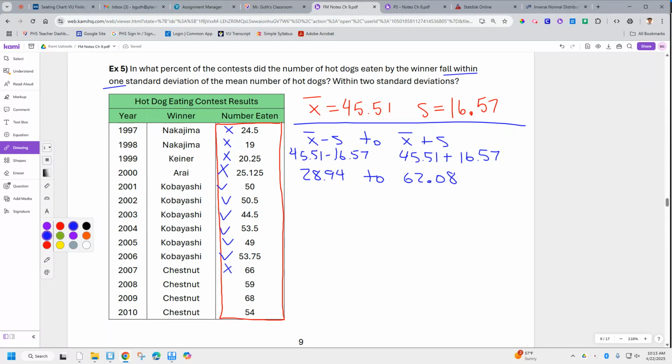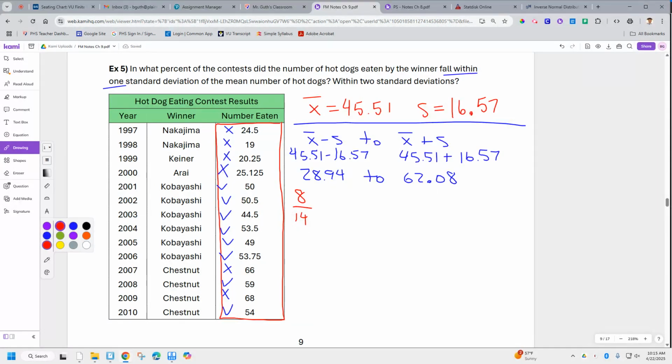66, that's not between. 59 is. 68 is not. 54 is. And so you can just count here. Count the check marks: 1, 2, 3, 4, 5, 6, 7, 8 check marks. It's 8 out of 2, 4, 6, 8, 10, 12, 14 numbers.